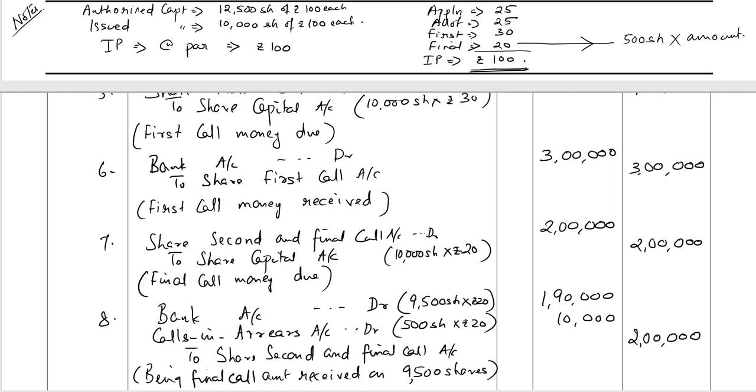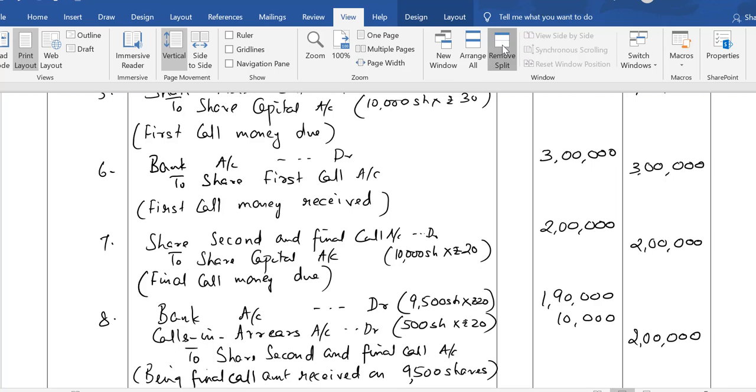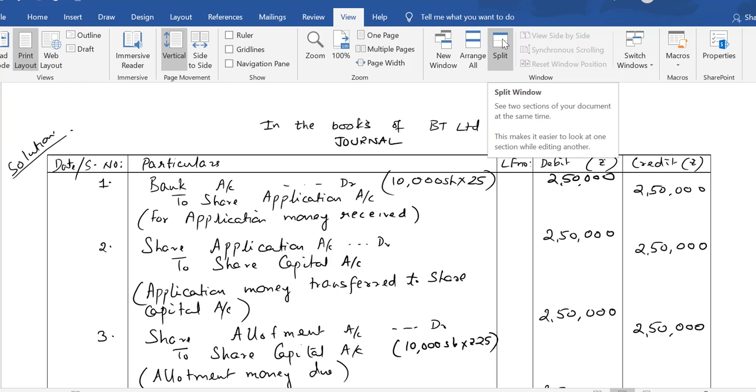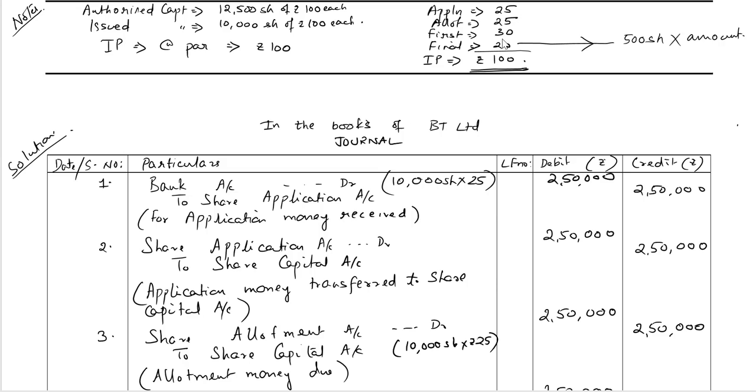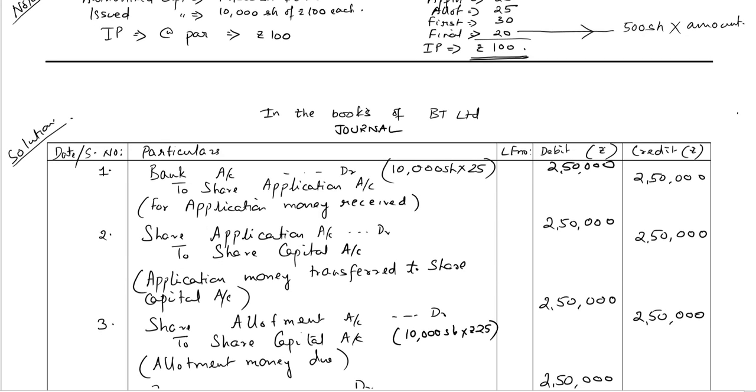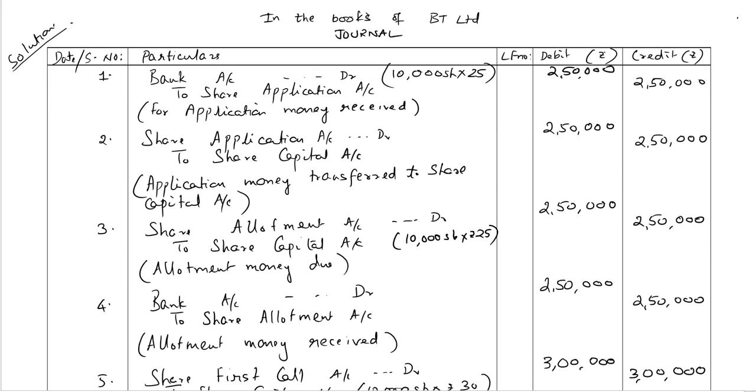So we've completed the journal entries. I will remove the split and we'll have a look at all the journal entries before we depict share capital in the balance sheet of the company. This is the first screen.